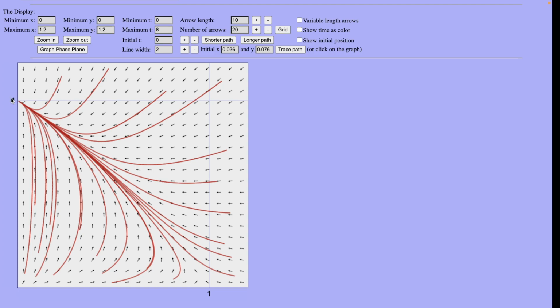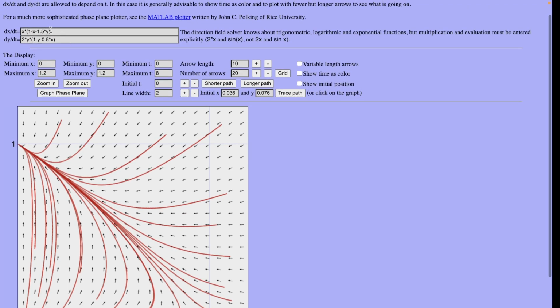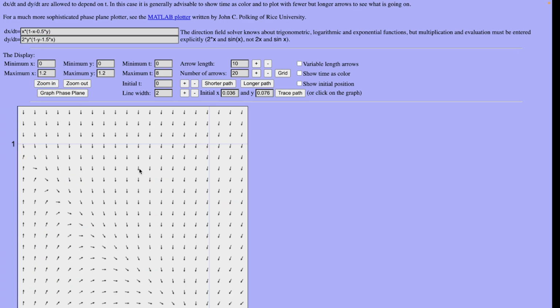And the fourth case, when alpha is less than 1, so put here alpha equal to 0.5 and beta greater than 1, so 1.5. Next, we draw the trajectories.